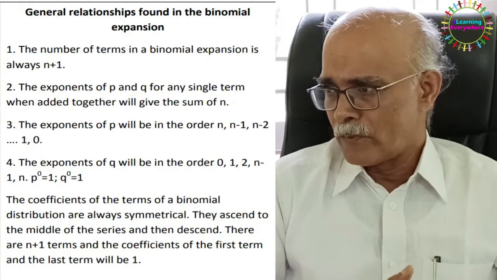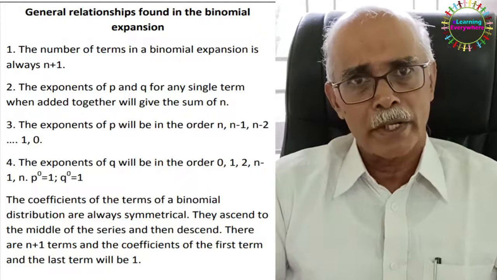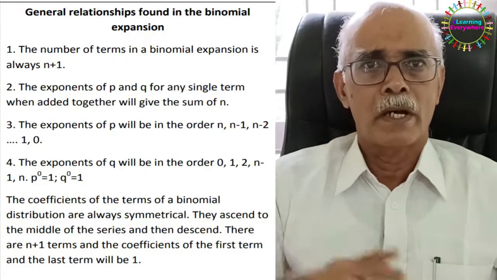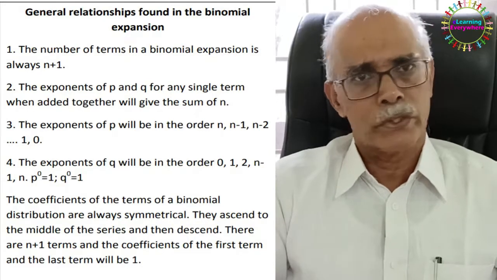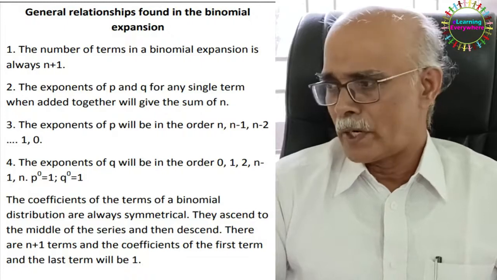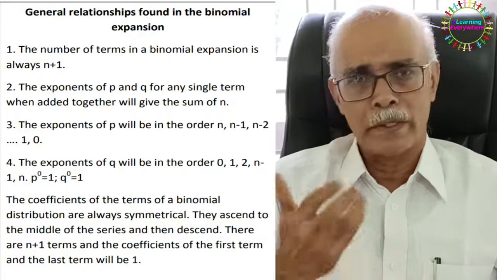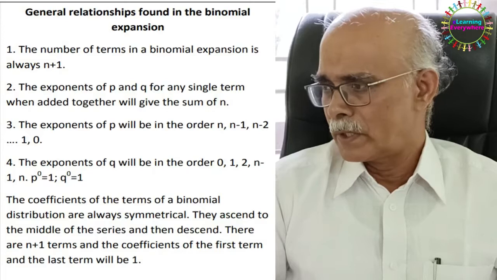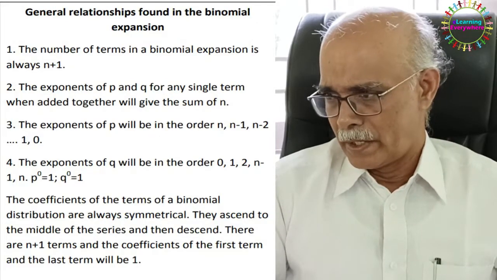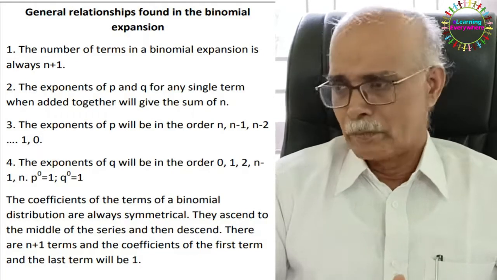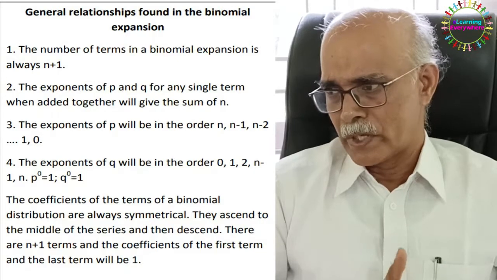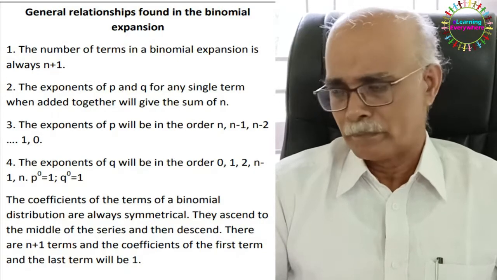The exponents of P will be in the order n, n-1, n-2, n-3, reaching up to 1 and 0. And the exponents of Q will be in the order 0, 1, 2 and moving up, finally ending in n. And you have to bear in mind that P raised to 0 is equal to 1 and Q raised to 0 is equal to 1.